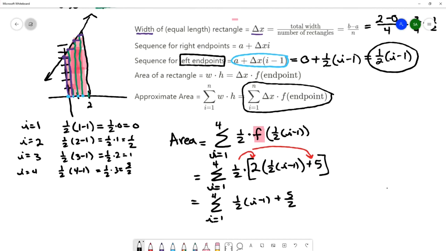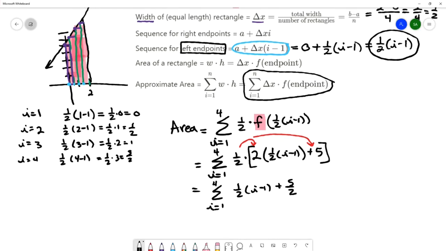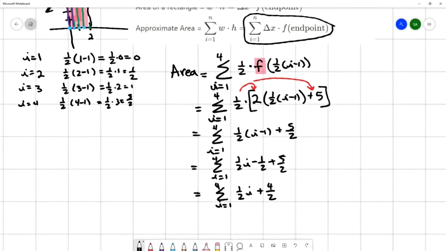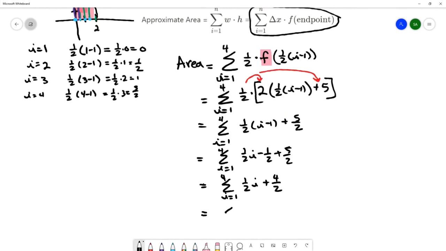And that gives me 1/2 i minus 1/2 plus 5/2. Sum i equals 1 to 4. I can combine the minus 1/2 and plus 5/2 together. That's the sum of i equals 1 to 4 of 1/2 i plus 4 over 2. And that's the sum of i equals 1 to 4 of 1/2 i plus 2.